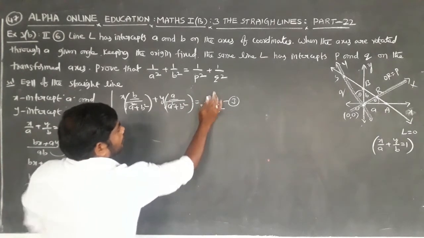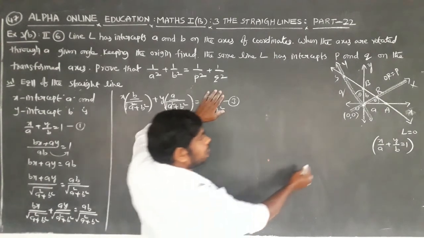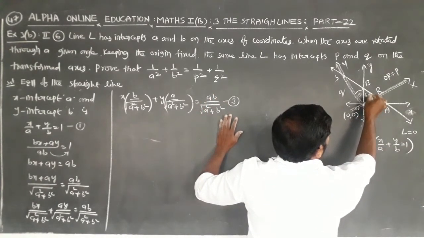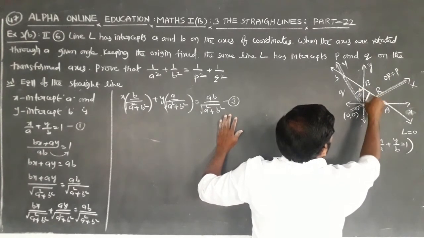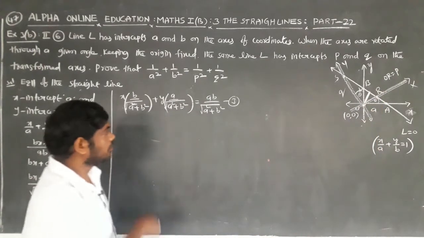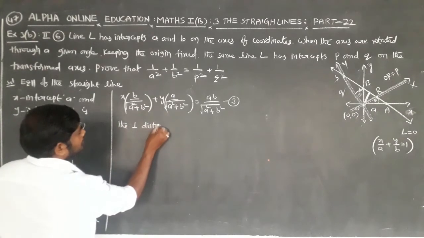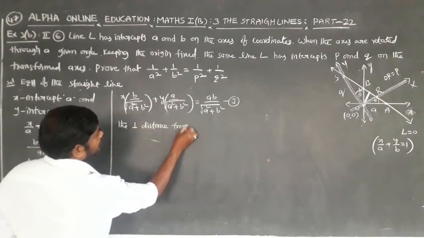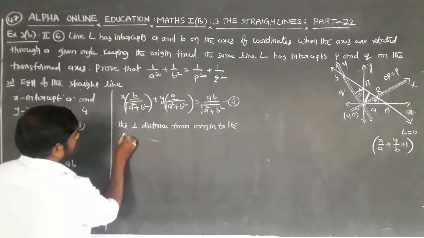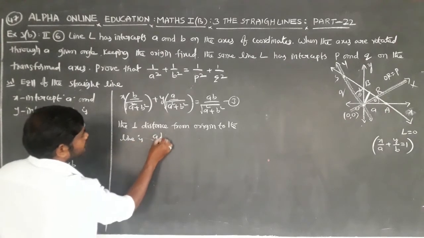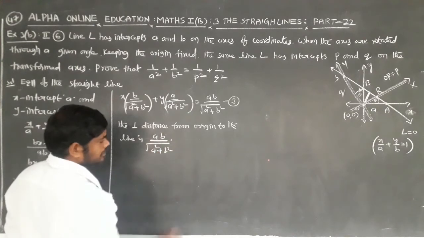This is the perpendicular distance from the origin to the line. The perpendicular distance from the origin to the line is ab by root of a square plus b square.